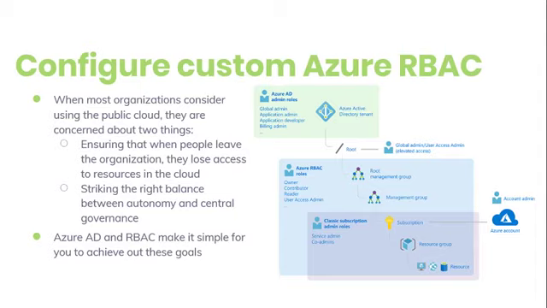Grant access by assigning the appropriate RBAC role to users, groups, and applications at a certain scope. The scope of a role assignment can be a subscription, a resource group, or a single resource. A role assigned at a parent scope also grants access to the child scope contained within it.